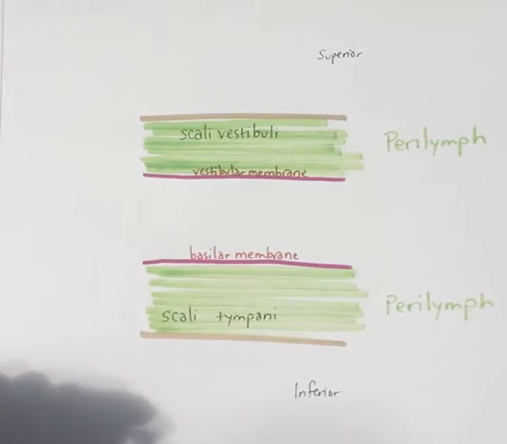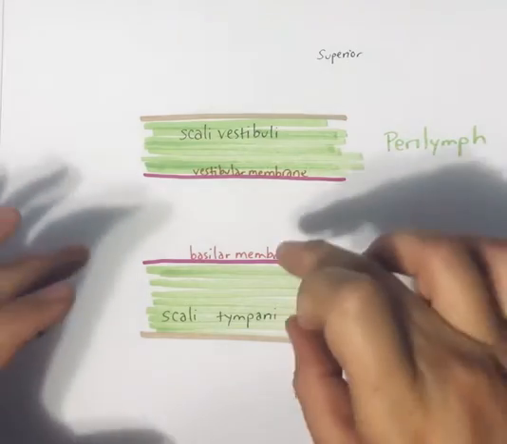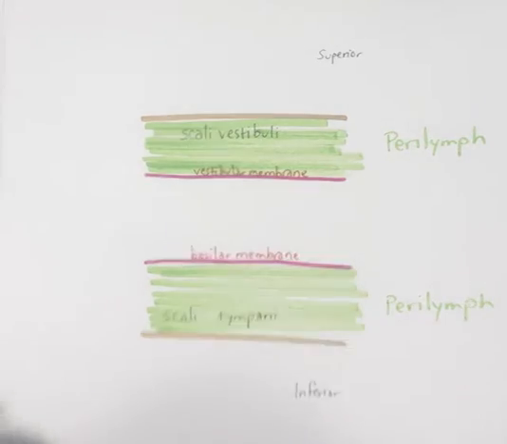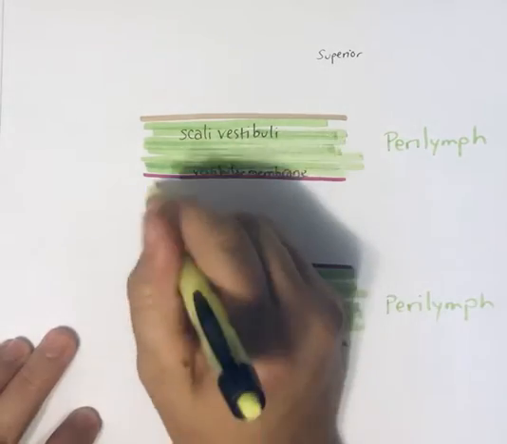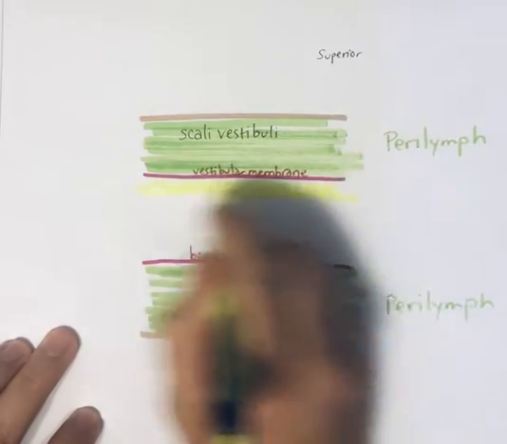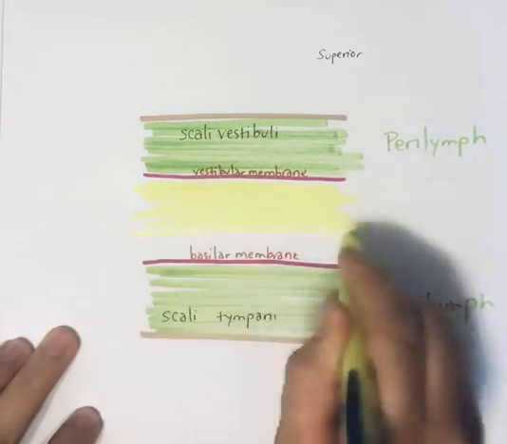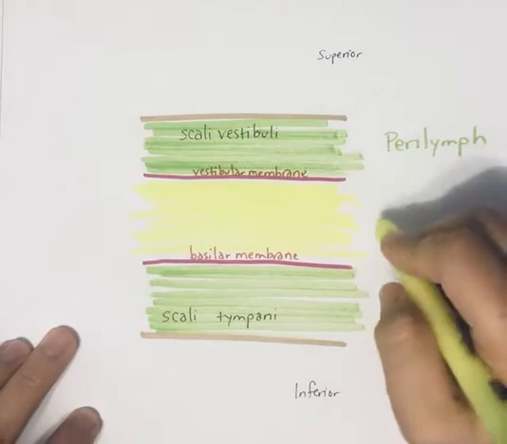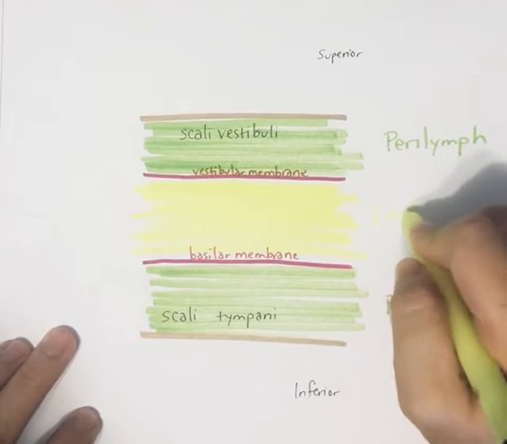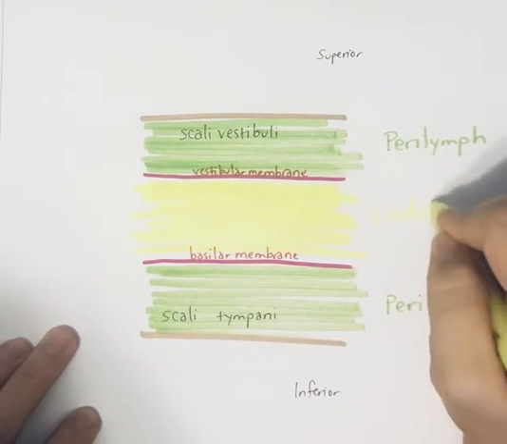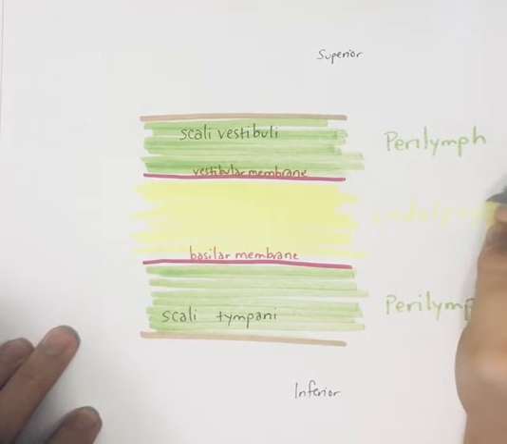Now, the membranous labyrinth, which has different names in each region, also has a fluid. The fluid inside of the membranous labyrinth of the ear is always going to be known as endolymph. Endo means inside.